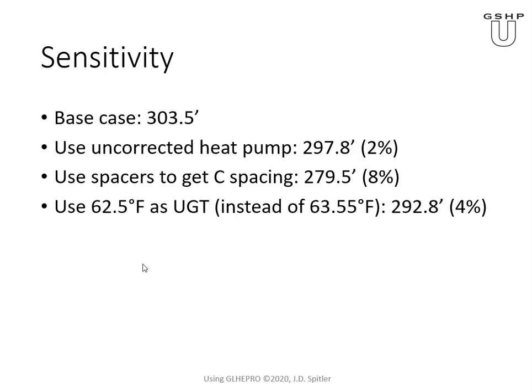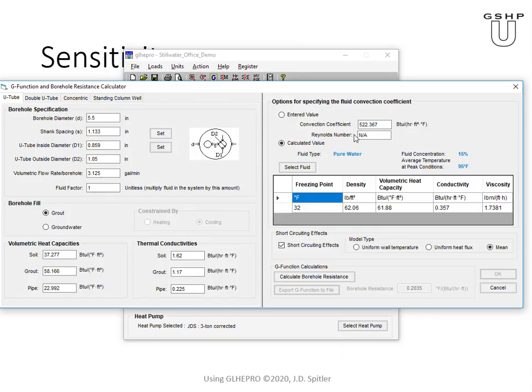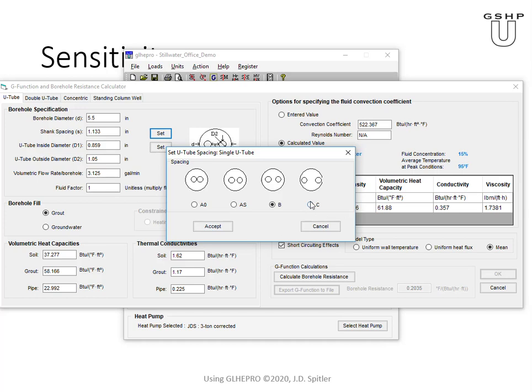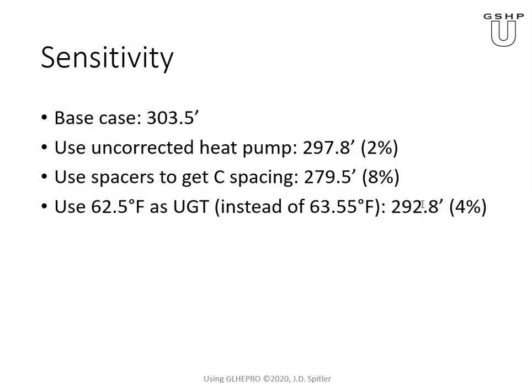If you use spacers to get the C spacing, maybe we'll take a look at that. If we'd gone back to borehole thermal resistance here, and we changed the spacing to C, this spacing here, and we pushed the tubes against the outside wall, we could have saved 8%.